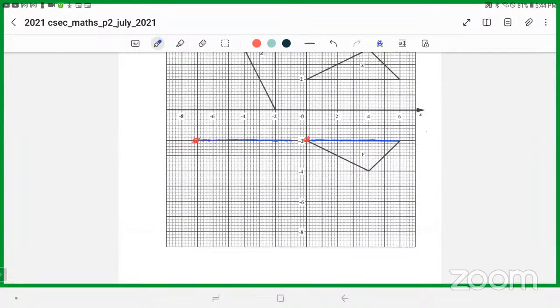That's it. And then from here to come to here, you go down 2, go back 2. So from this point now, go down 2, go back 2. So this point is right here. And therefore, this is my image triangle.